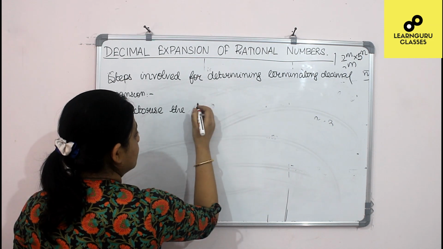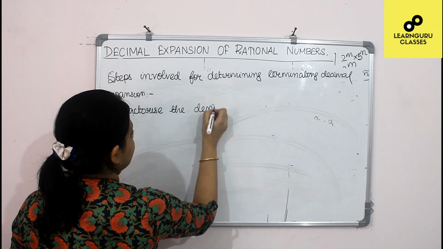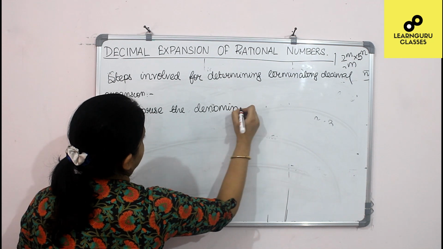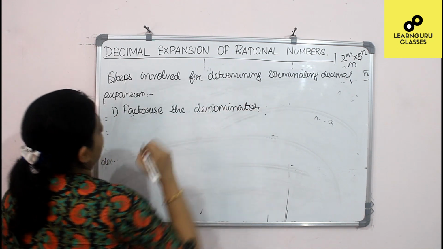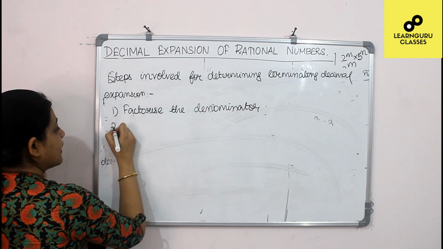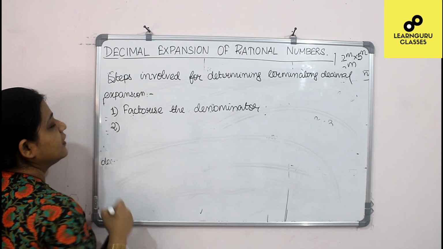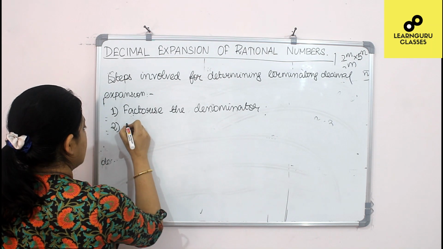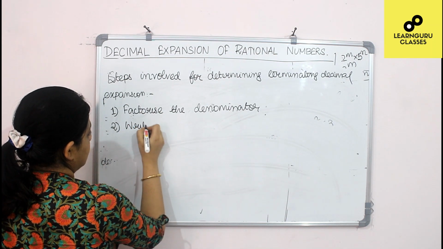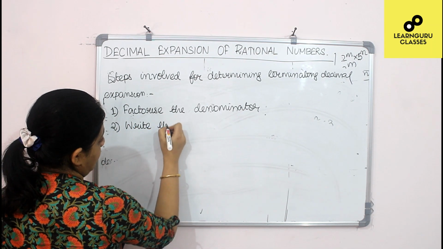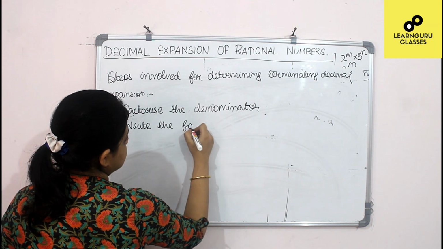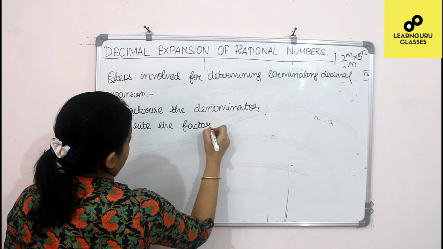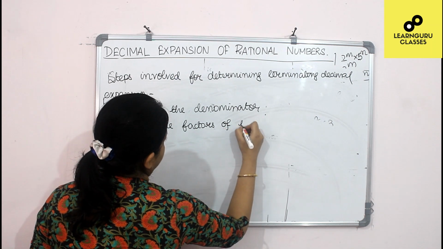In simple language, factorize the denominator. Second, you have to write the factors of the denominator.